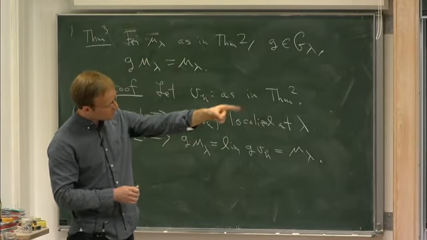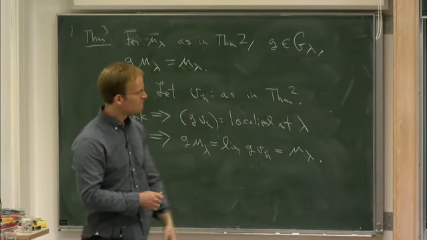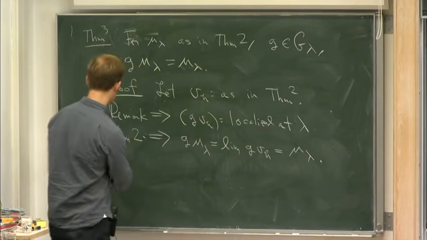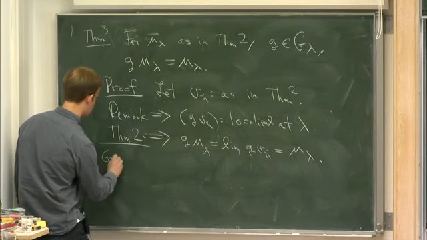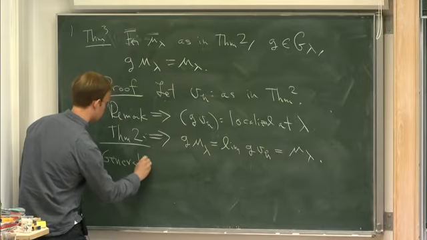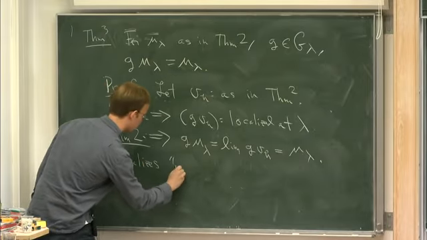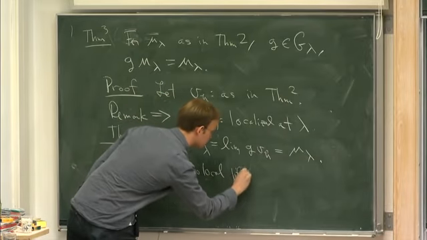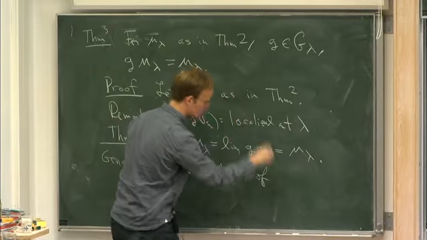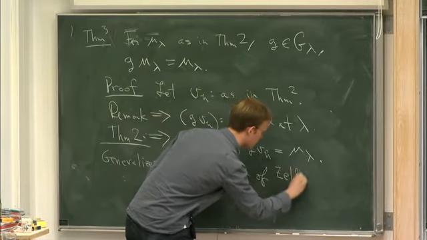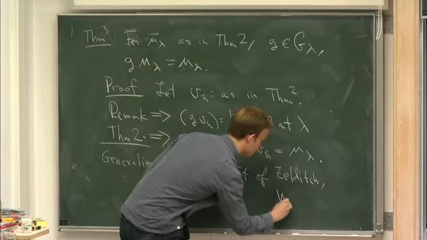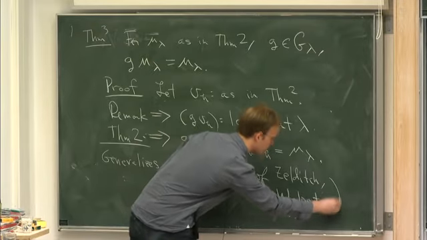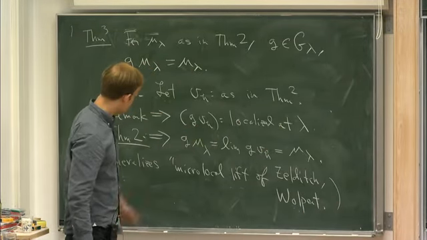So for the groups listed in Theorem 1, for example, for SL2R, this generalizes something called the microlocal lift. It was first given a complete proof by Zelditch, and then a different argument closer to our approach here by Wolpert.